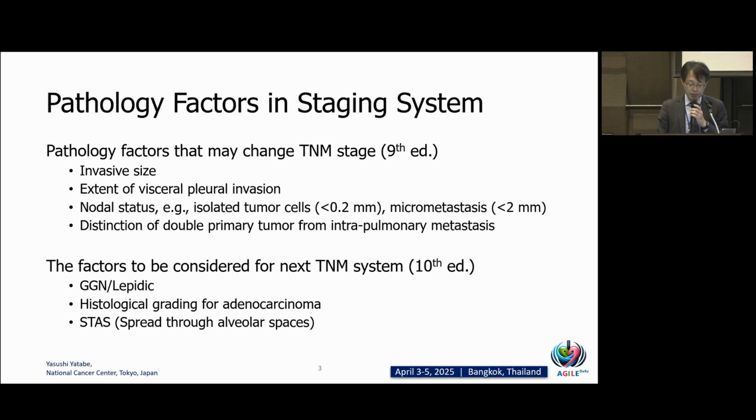And of course, the nodal status: if the tumor cell is 0.2 millimeter, that's an isolated tumor cell, not nodal metastasis. But 0.2 to 2 millimeter is called micrometastasis, and that was N1. Also the distinction of double primary and intrapulmonary metastasis is one of the big challenges of the pathology factors.